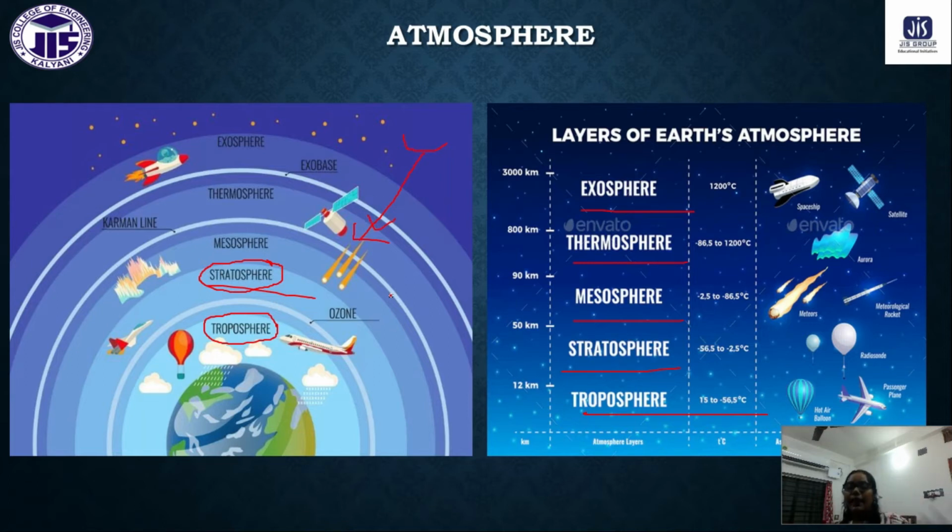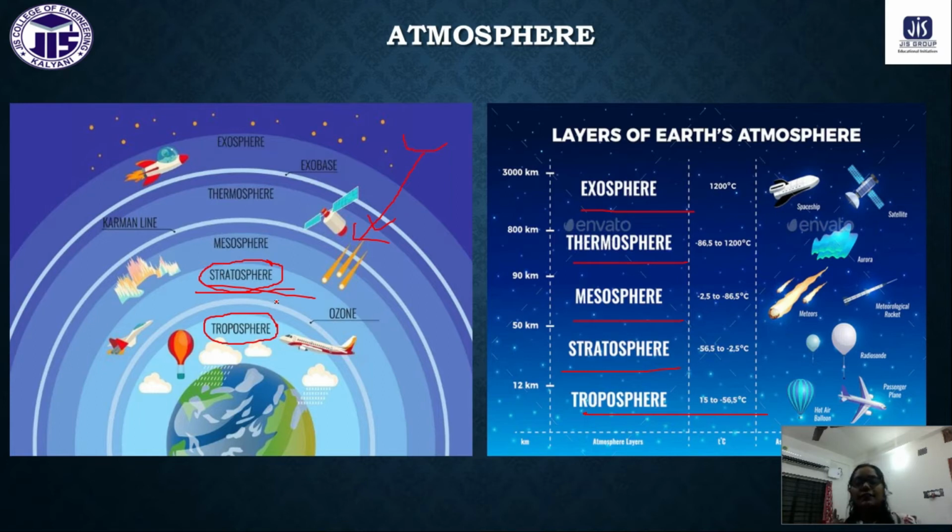Thus this layer protects us, protects our skin from the UV radiation. If our skin is exposed to UV radiation for a long time, skin disease can happen.